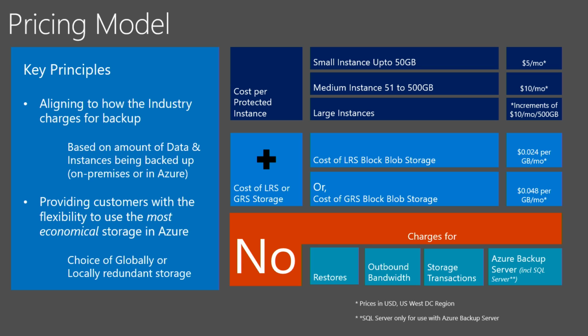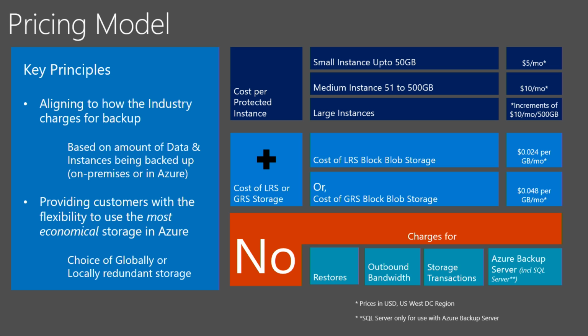Stefan will talk a little bit more about this. But basically, what we do is pay per virtual machine. There's a cost per protected instance: up to 50 gigabytes, it's $5 a month. Up to 500 gigabytes, it's $10 a month. And then for every 500 gigabytes after that, it's $10 a month.